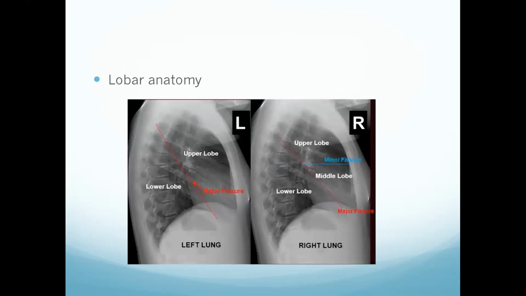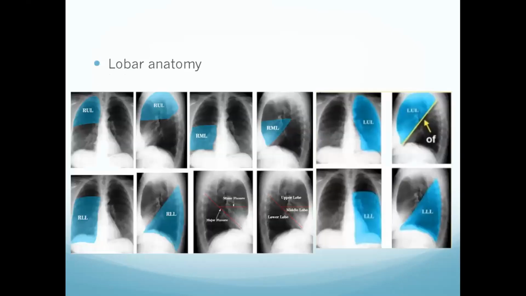I'll come onto this later, but it's better to put it into zones rather than lobes. As you can see here, on the left lung, for example, if it was somewhere in the middle on an AP film, it's impossible to say if it's in the upper or the lower lobe. And again here, just to show that they all overlap a bit, so try to avoid picking out a lobe. Usually just go with the zones.